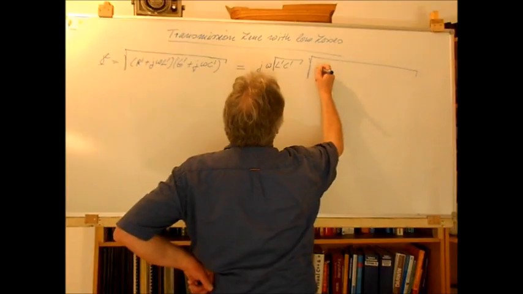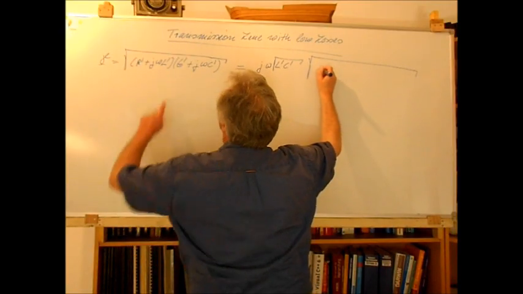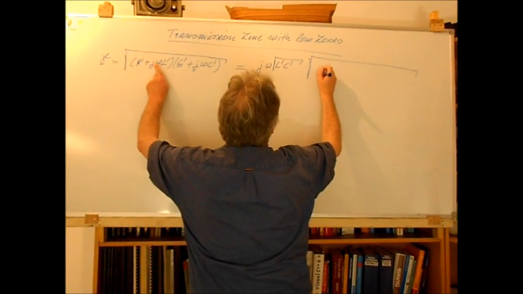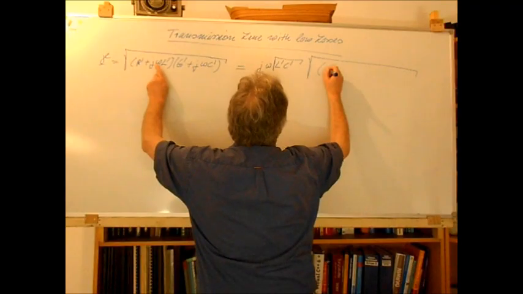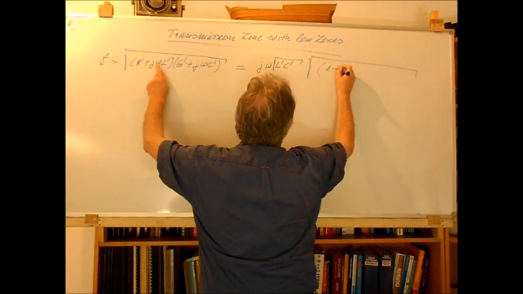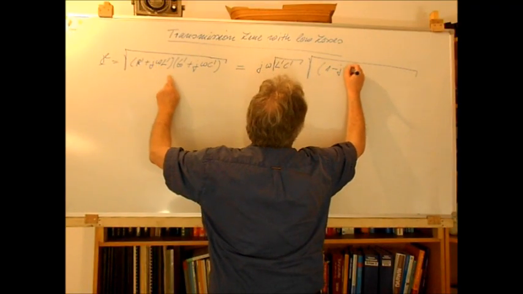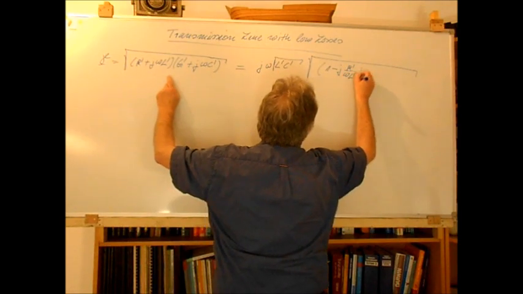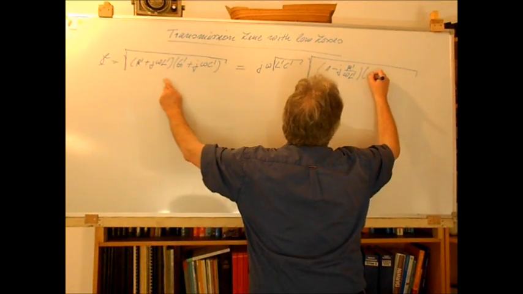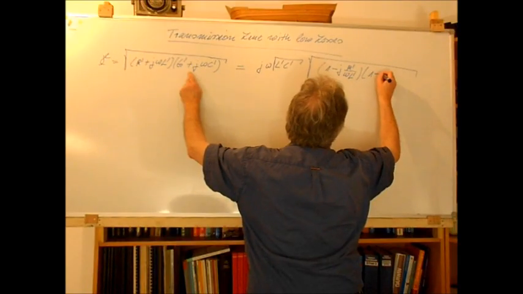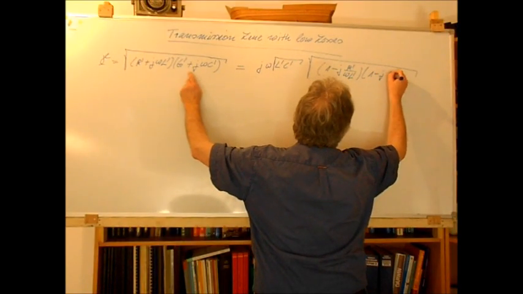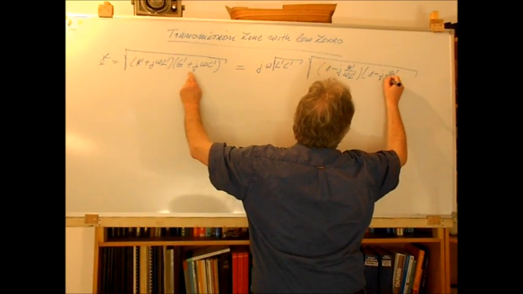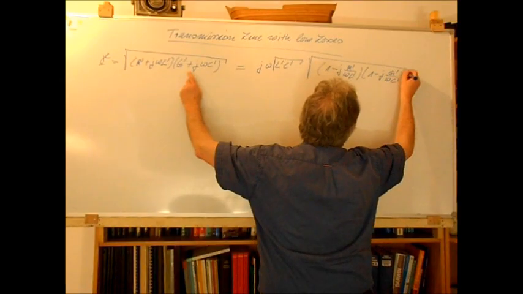This means we exclude j omega L, which means this is 1 minus j R prime over omega L prime times 1 minus j G prime over omega C prime.